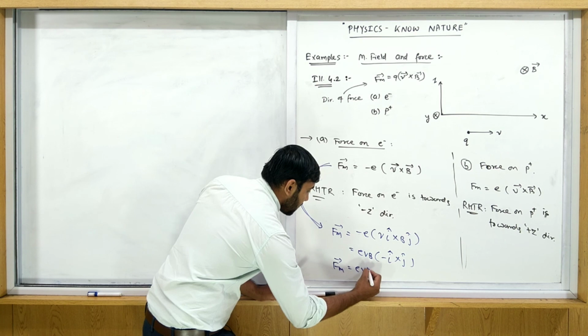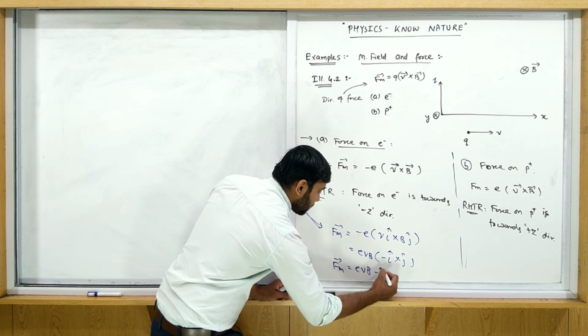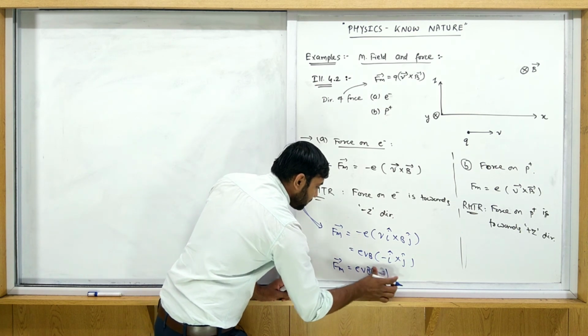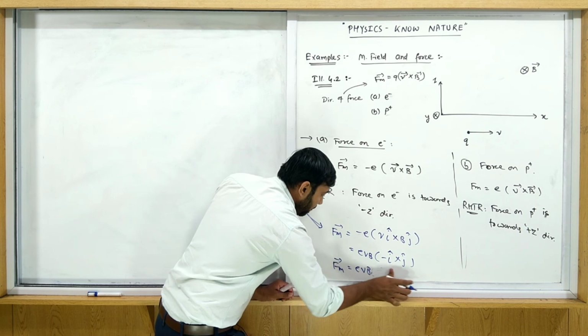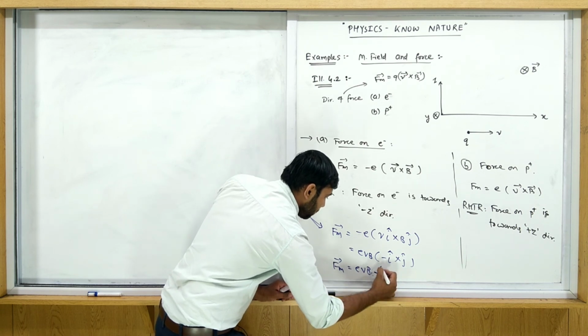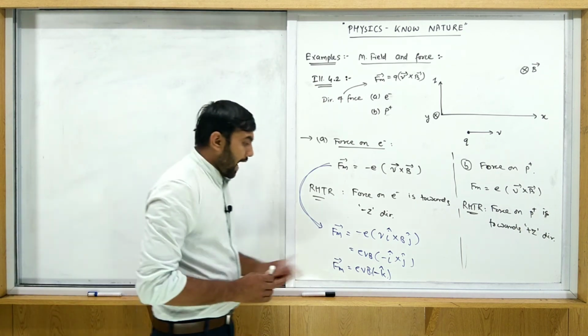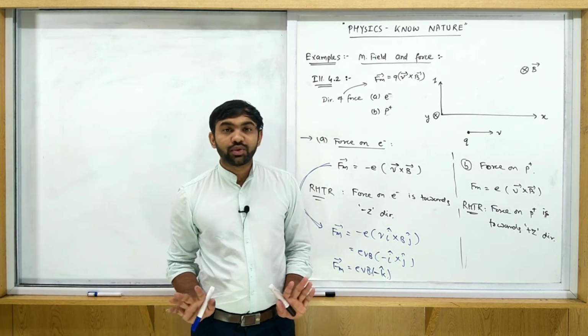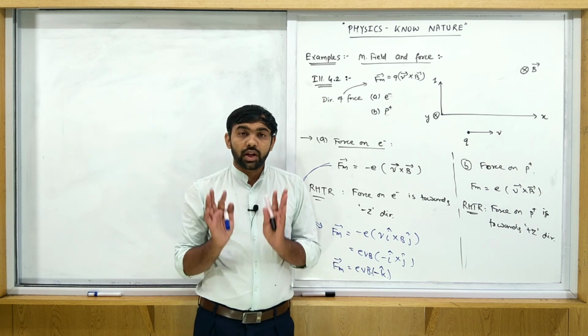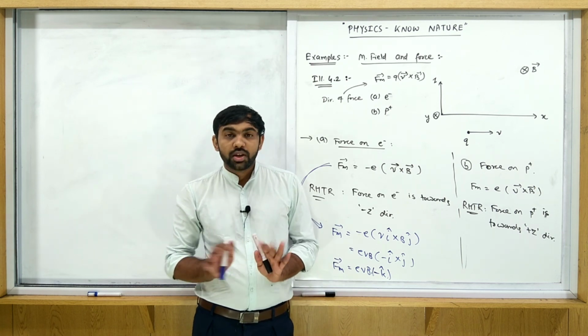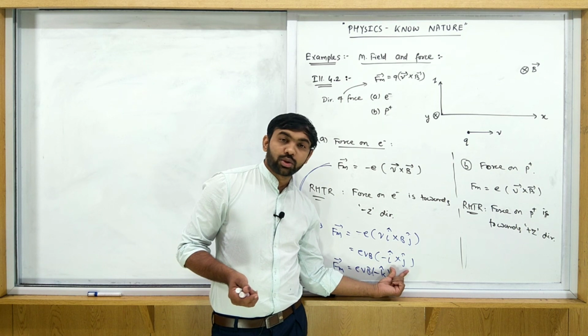So Fm is equal to e v B minus k. What is minus k? Minus k means negative z. See, i cross j is k, as we know. We already studied about vectors. At that time we found out this i cross j.